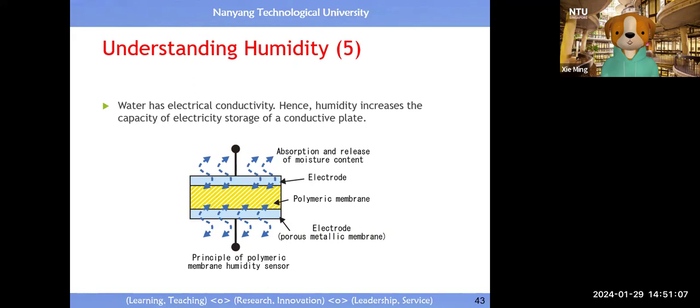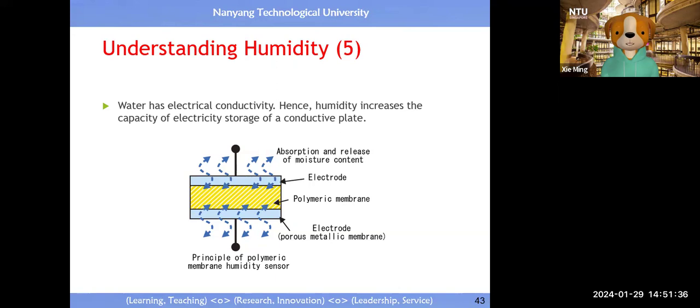However, if you increase the humidity, it absorbs the water, then it will increase the capacitance of the capacitor. So it's like this illustration. Between these two parallel plates, you have a dielectric material. When this material absorbs the water, capacitance will increase. So this is the way to pick up the value of humidity and convert it into capacitance.